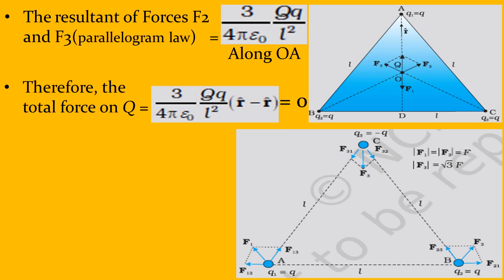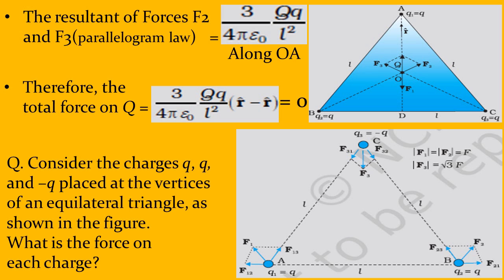Now we have one more problem. Consider the three charges Q, Q and minus Q. Charge Q is placed at A, charge Q is placed at B. Let us call them Q1 and Q2.